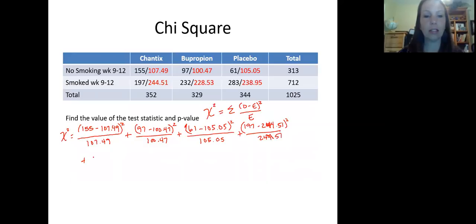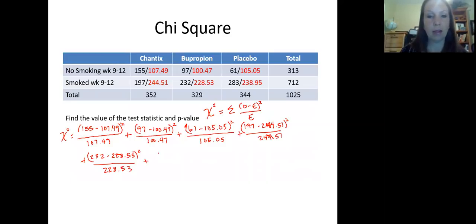Plus, I'm going to come down to the next line, I ran out of room, 232 minus 228.53, squared, divided by 228.53.